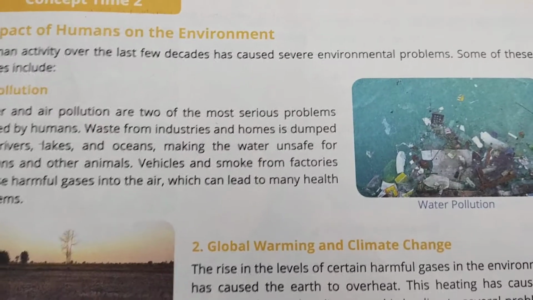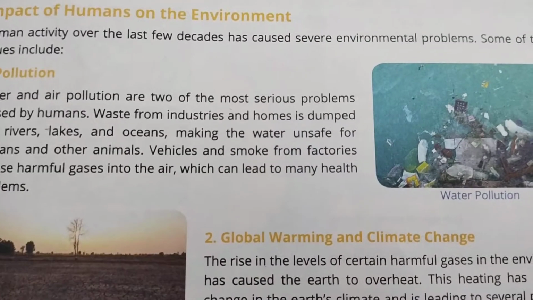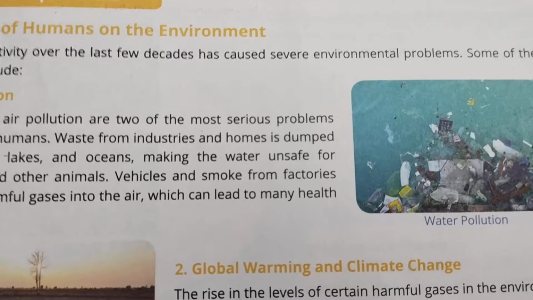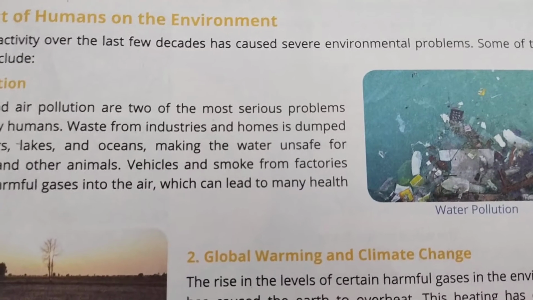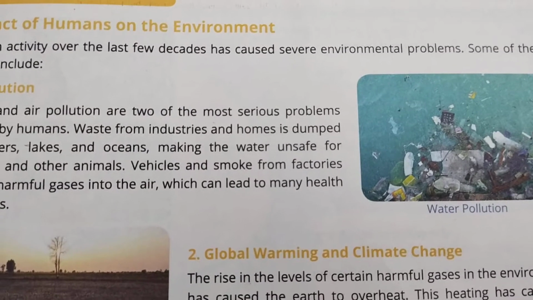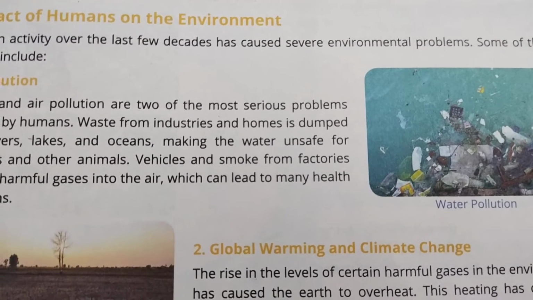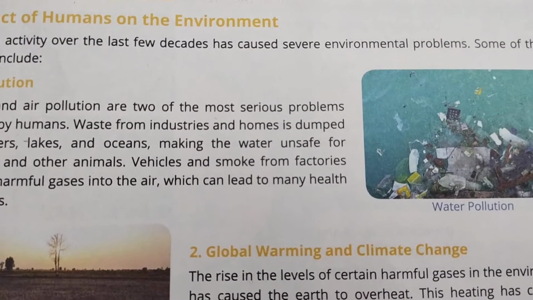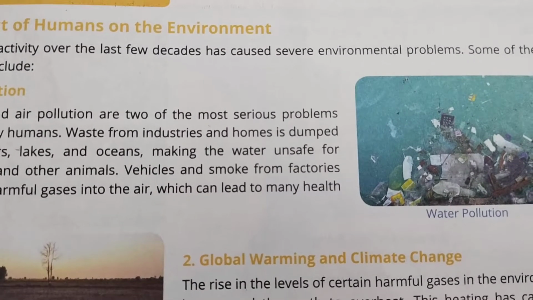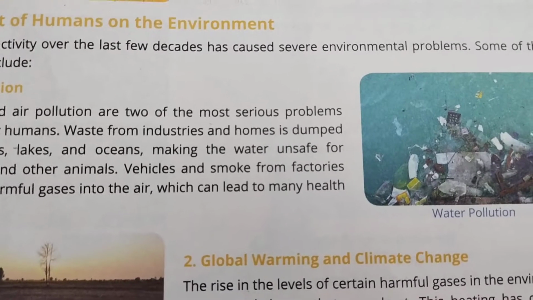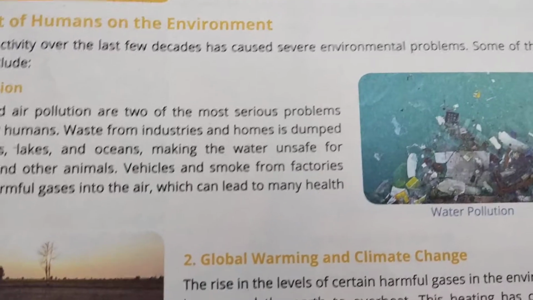So for example, how are we making the water pollute? By using lots of plastic items like bottles and plastic covers, which cannot be absorbed by water, like the things we are using, such as a mobile and its parts. Not only these parts, but electronic parts and electronic appliances.